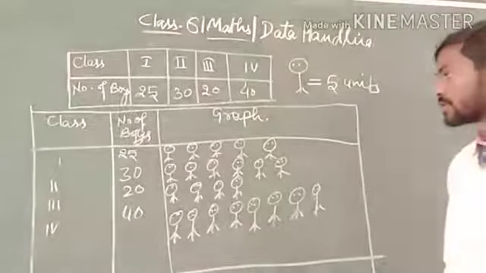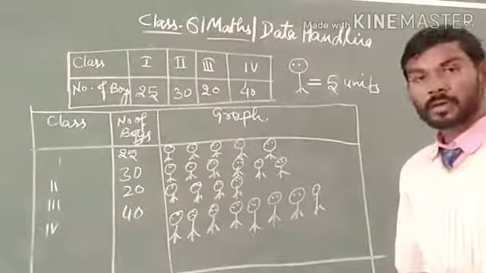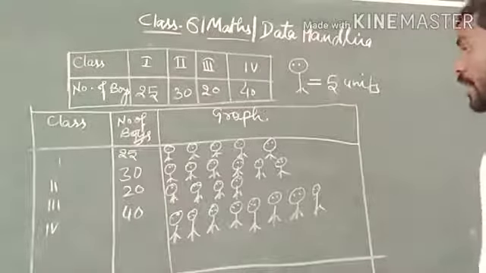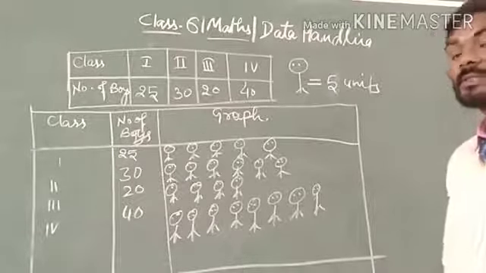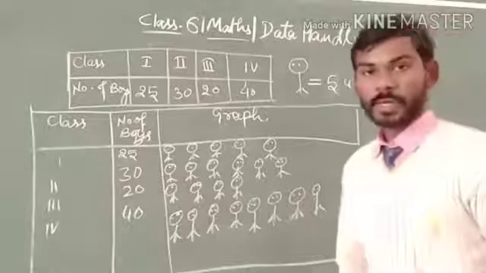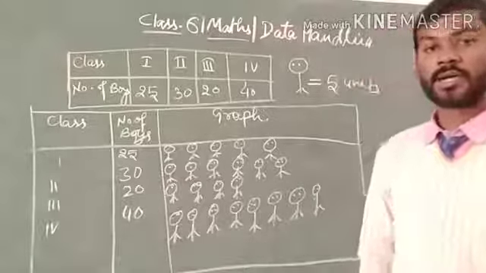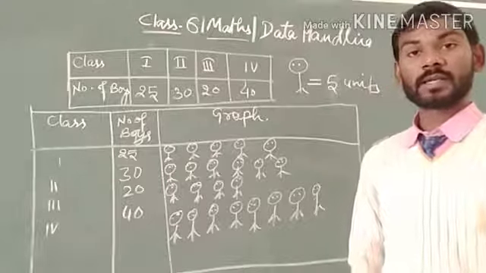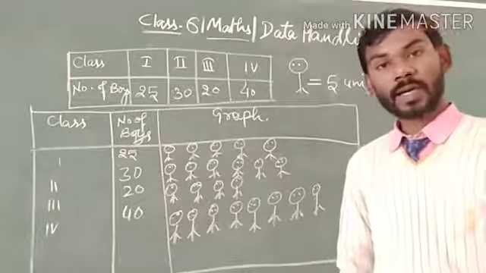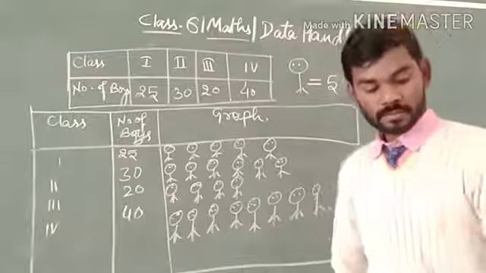This represents the data using pictures, that is, this method is the pictorial representation of data. I hope that it is clear. Now let's see the next, that is the bar graph representation.